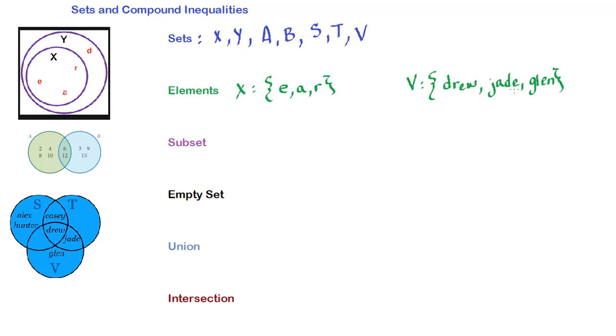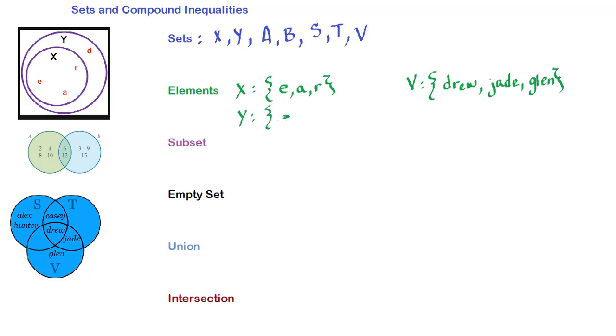For a set to be a subset of another set, every single element in that set must be in the other one. So let's look at X and Y because that's classic. Let me go ahead and write the elements in Y because that would make it more clear, I think. Everything that's in X is also in Y. See how X is contained in Y?